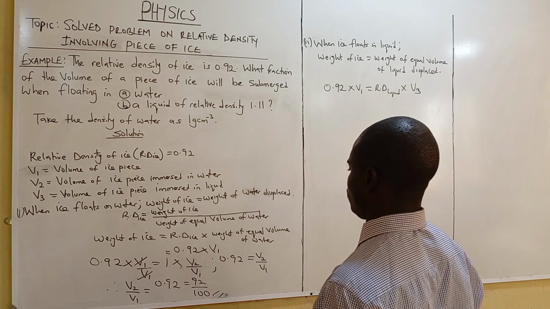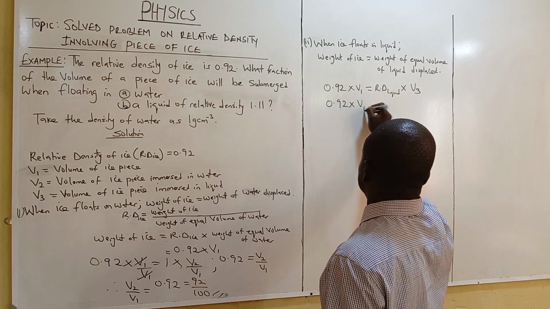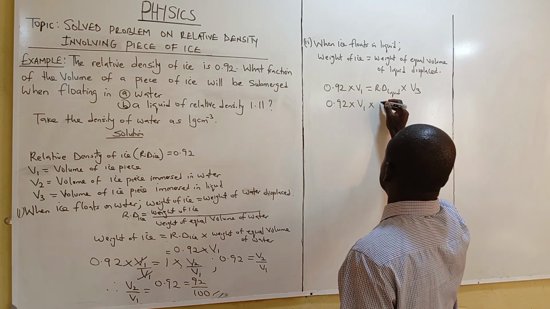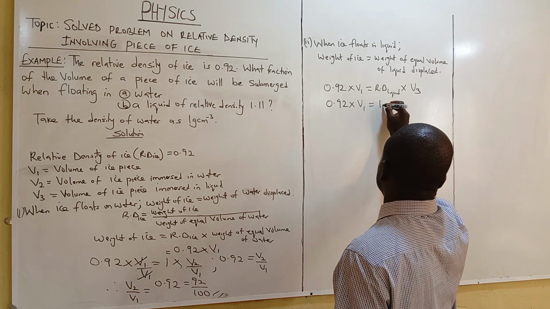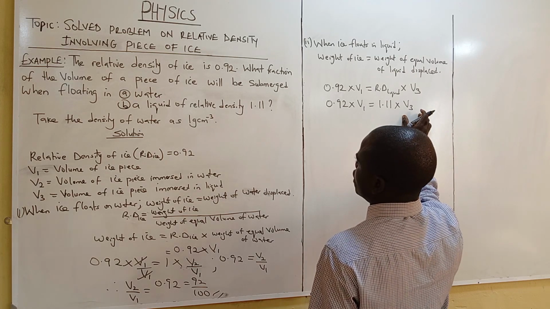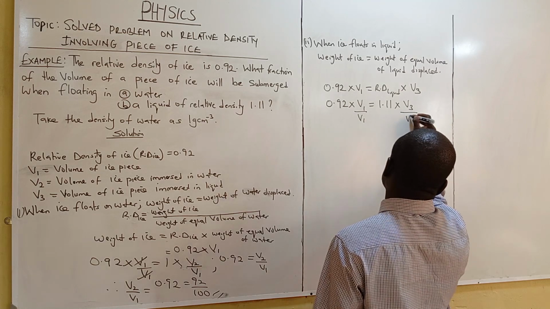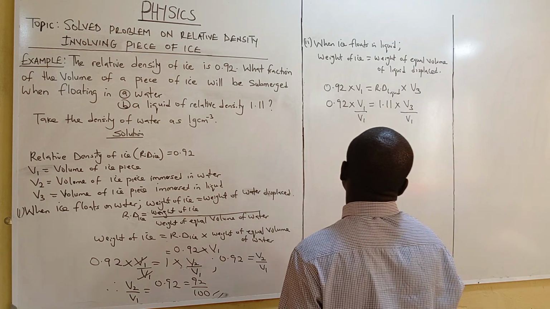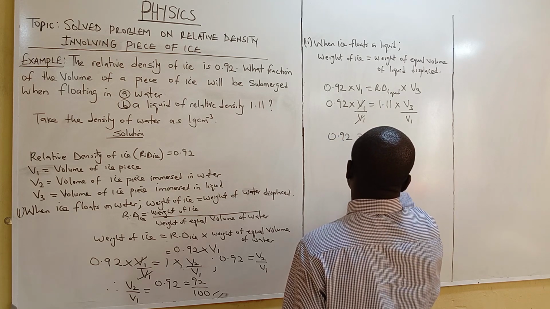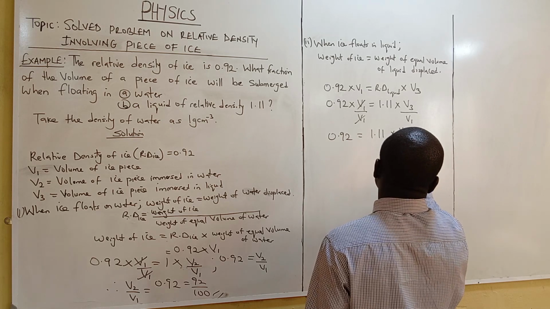So we have 0.92 times V1 equals 1.11 times V3, being submerged when floating in liquid. Still V1 is under, being submerged in liquid. This cancels this. You have 0.92 equals 1.11 times V3 over V1.